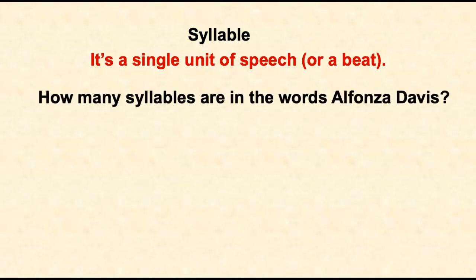How many syllables are in his name? Alphonse Davis. Alphonse has 3 syllables and Davis has 2 syllables, so there are 5 syllables in Alphonse Davis's name. You might want to see how many syllables are in your name.